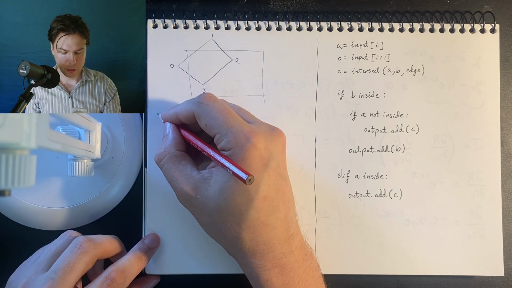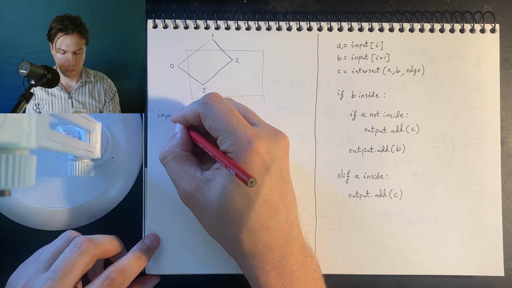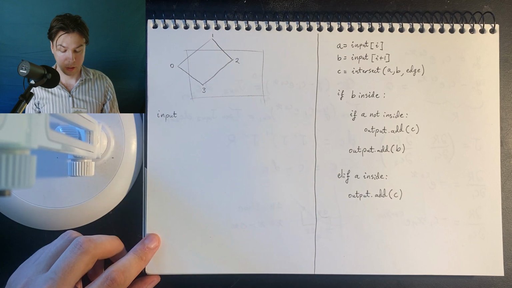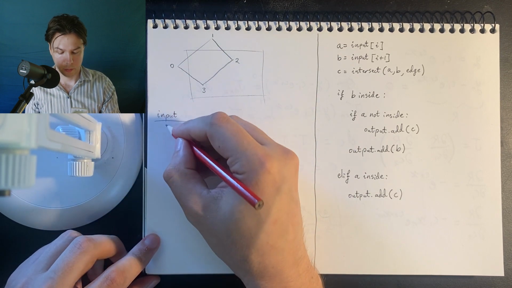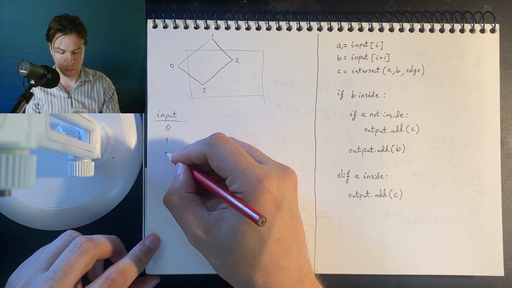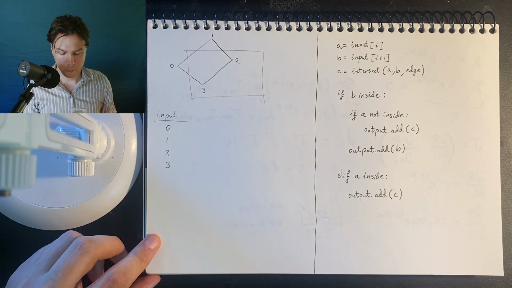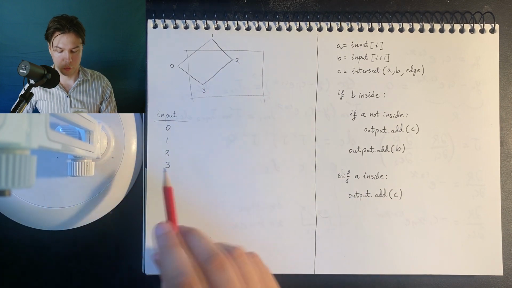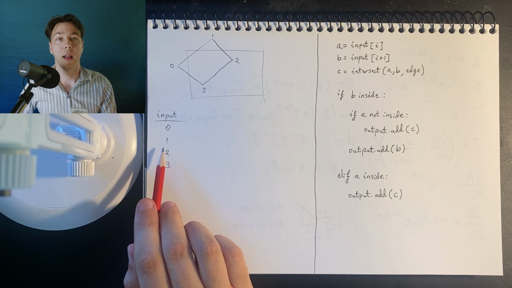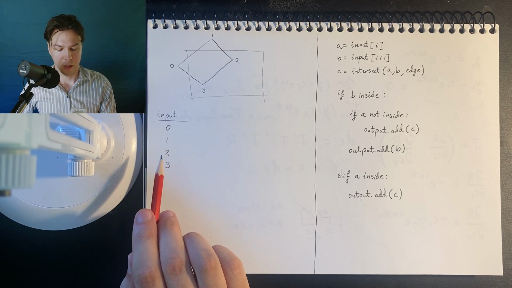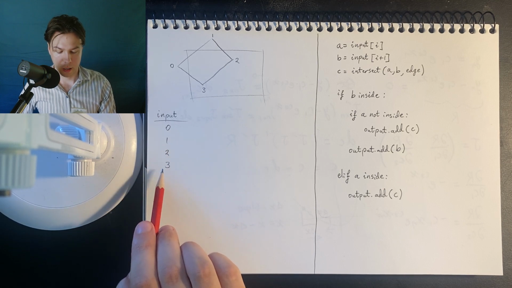So our edge table will contain the points 0, 1, 2, and 3. When we go to draw this, we would draw an edge from 0 to 1, an edge from 1 to 2, an edge from 2 to 3, and then an edge from 3 to 0.